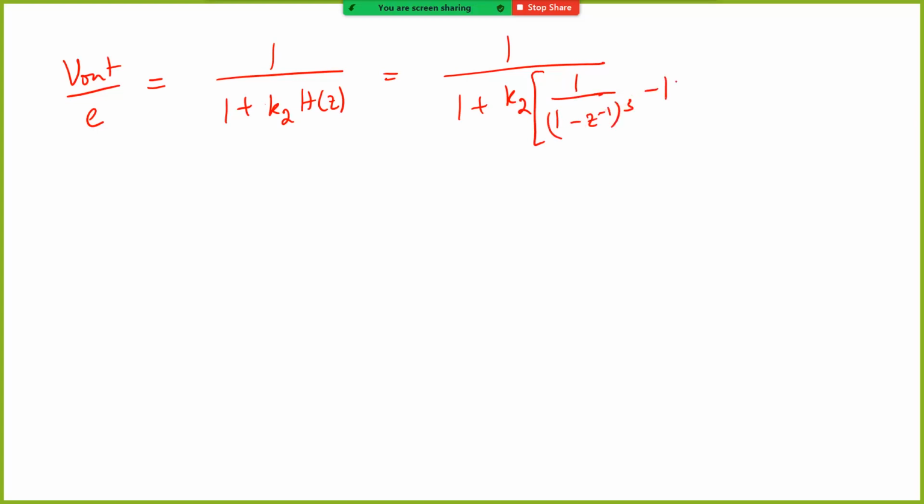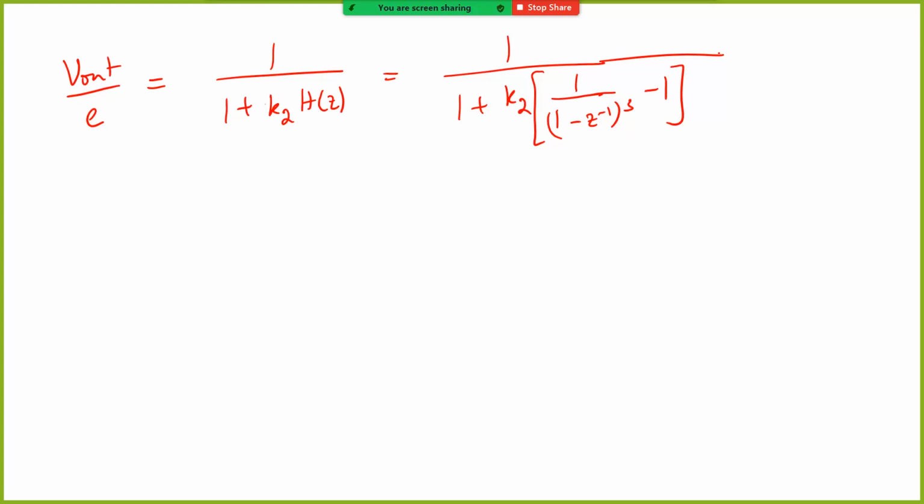Now you can substitute this expression and you will basically get what is nothing but a root locus plot. I mean, you can plot the root locus. I hope all of you are familiar with root locus plots in control systems.